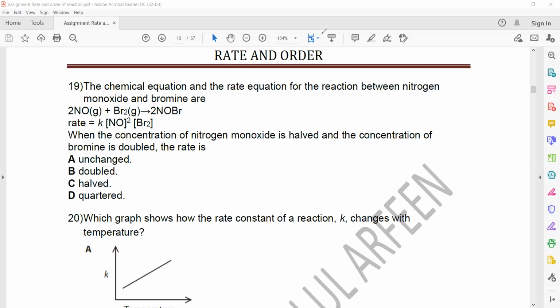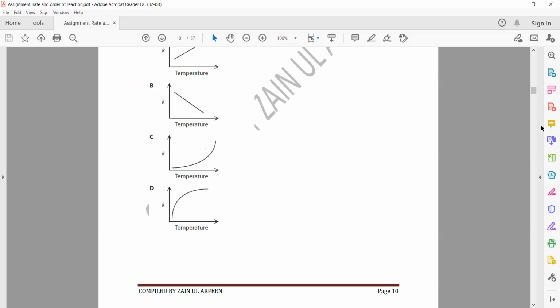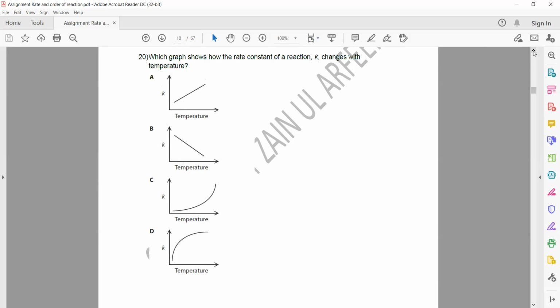Which graph shows how the rate constant changes with temperature? A, B, C, or D? The rate constant changes with temperature. It should be A because it's directly proportional. Actually, the equation is not directly proportional.